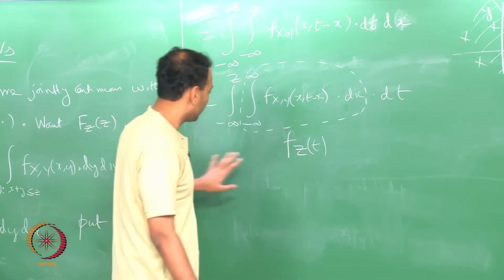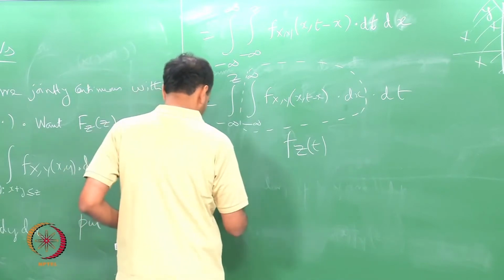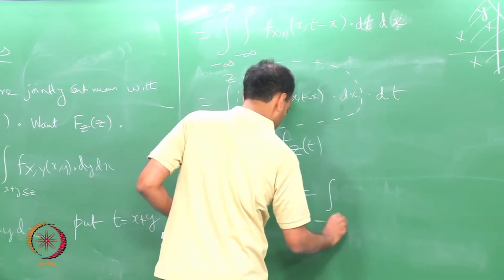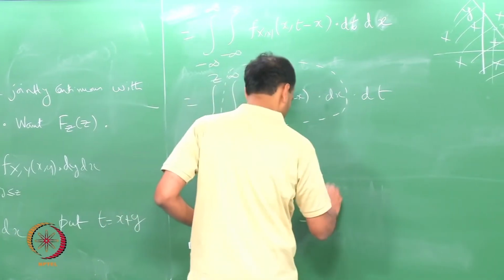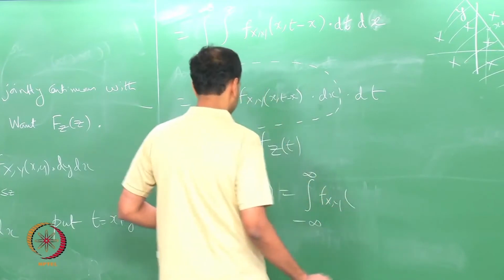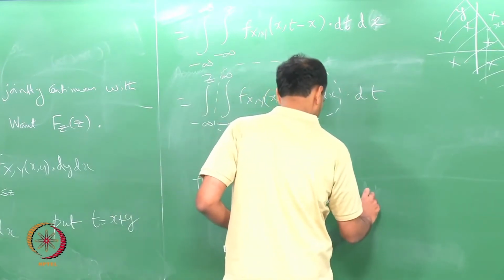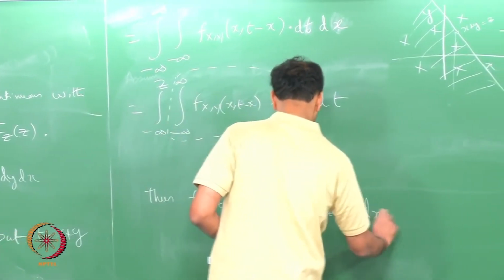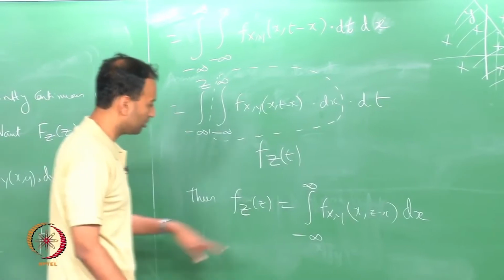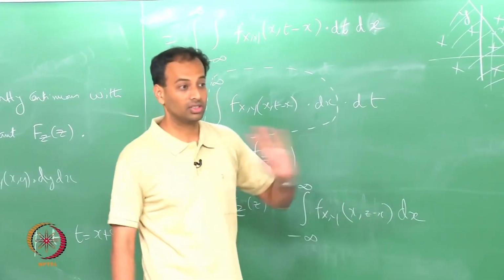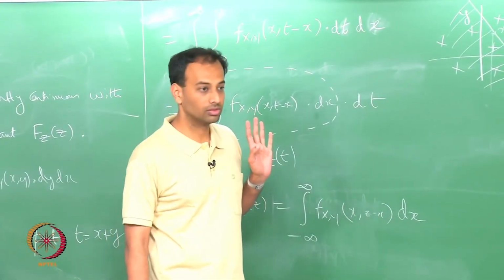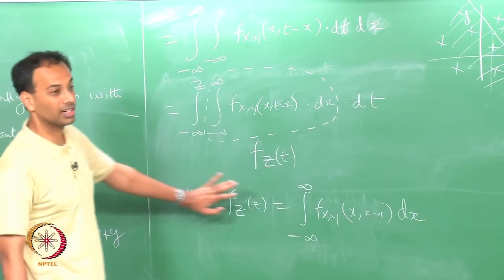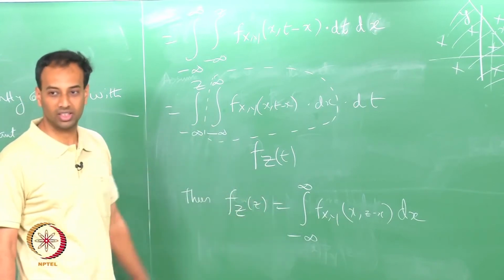So, I can write thus: f_Z of little z is the integral from minus infinity to infinity of f_{X,Y} of x comma little z minus x dx. You give me the joint density, I will find the density of the sum z. This is the formula for that, and it is always a continuous random variable. If X and Y are jointly continuous, Z is always a continuous random variable.